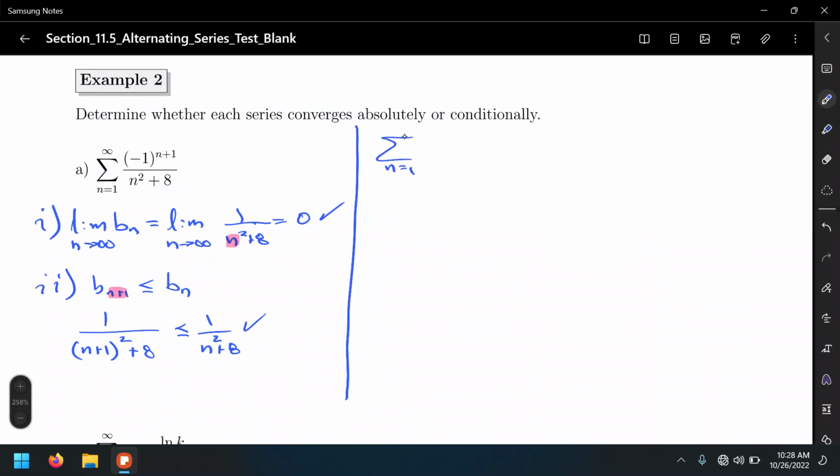Sigma n equals 1 to infinity of the absolute value of (-1)^(n+1) over n squared plus 8.